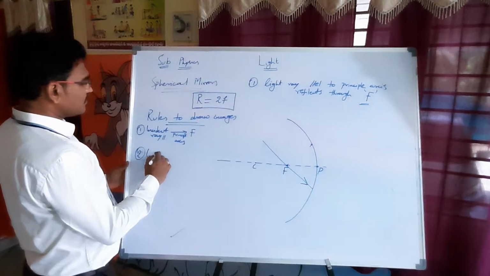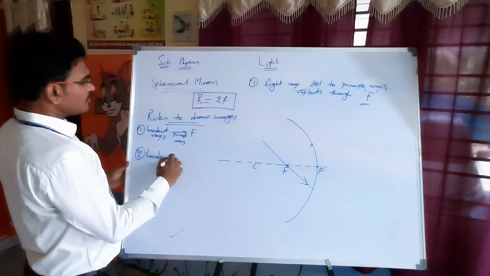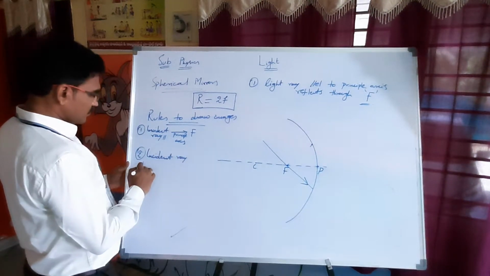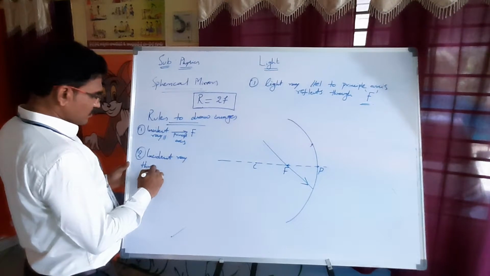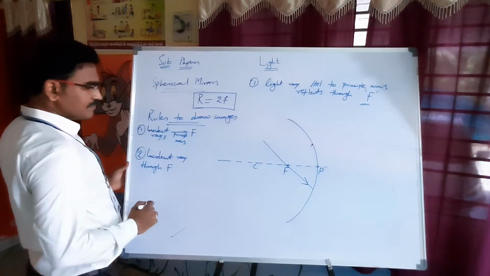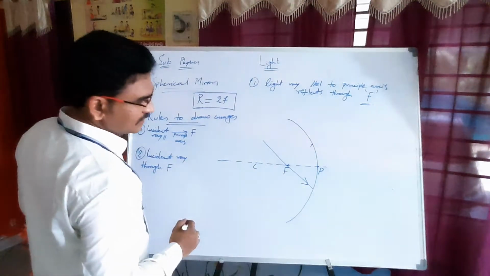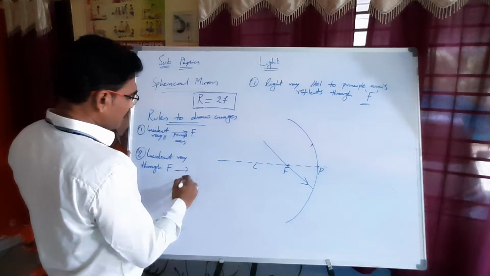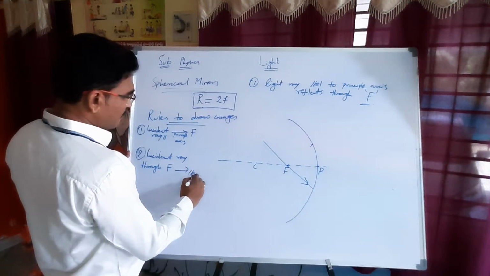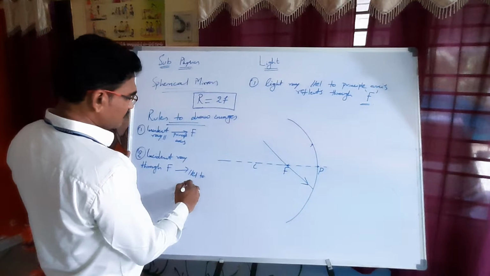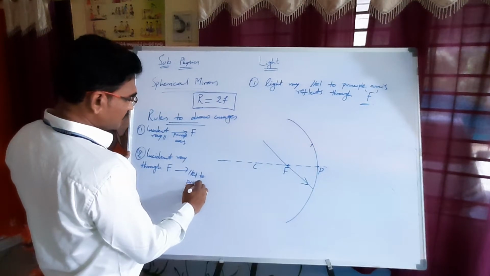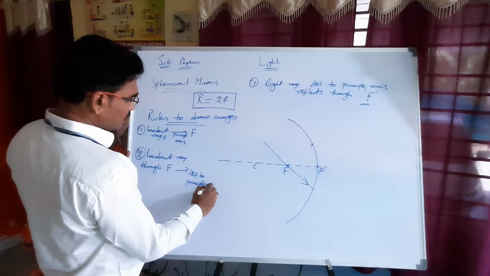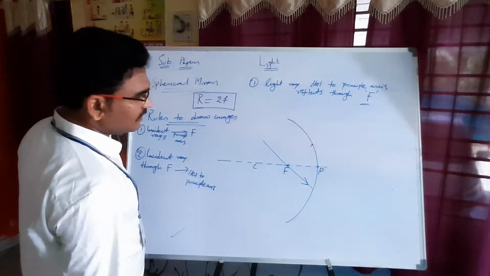Incident ray through F, then it will be parallel to the principal axis.